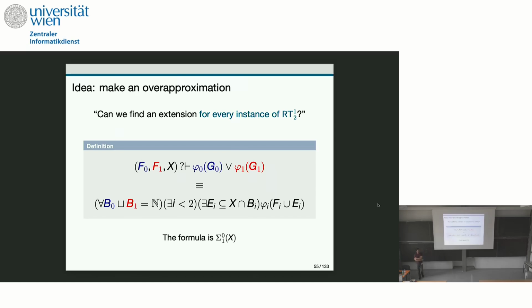But actually, this formula is just sigma 0 1 relative to the reservoir. Why? Simply by compactness, this formula is equivalent to saying, is there a level so that for every finite 2-partition of this level, you can find an extension for which it holds. So you can translate it, thanks to compactness, into a sigma 0 1 formula. I'm sorry, I'm going a bit too fast for this translation, so let's just write it properly.